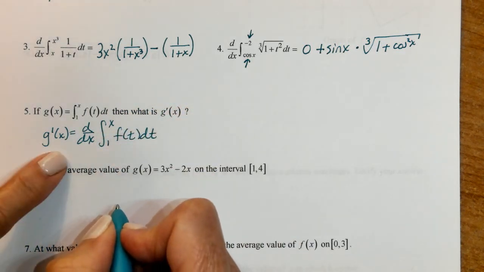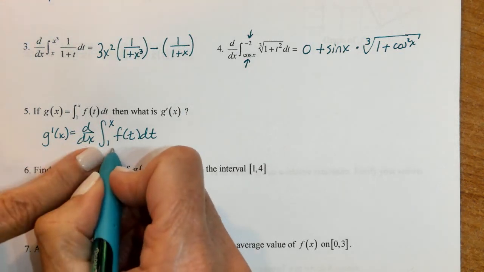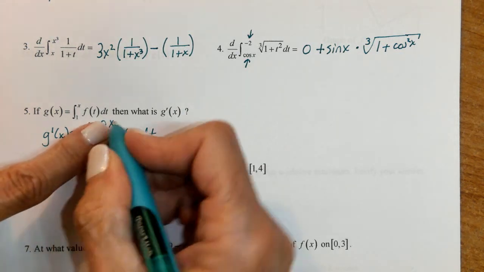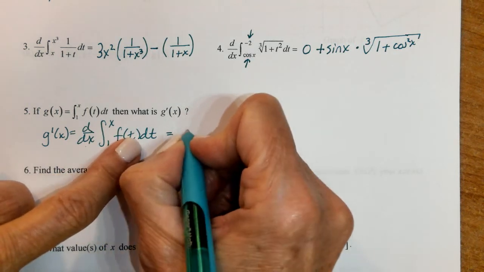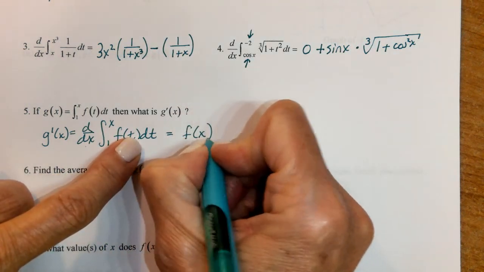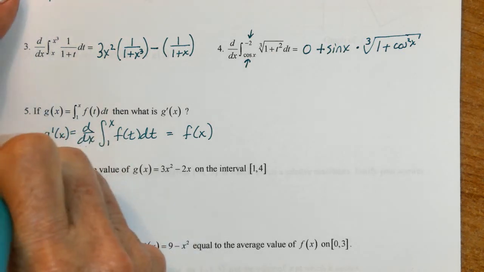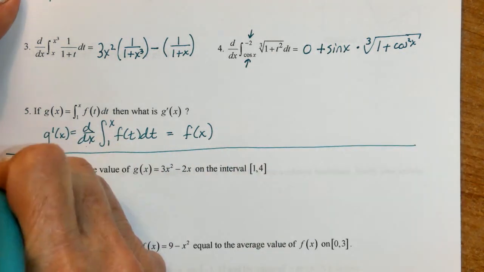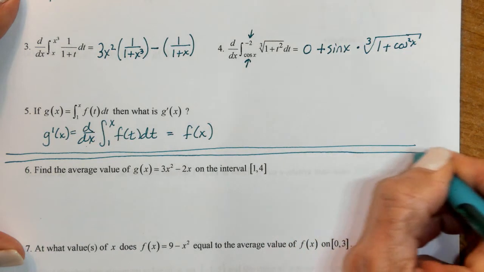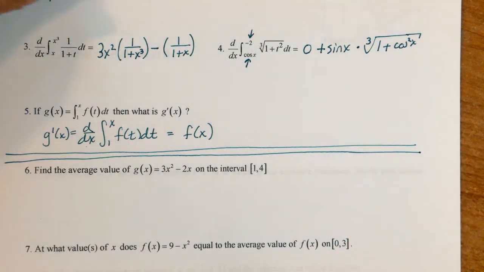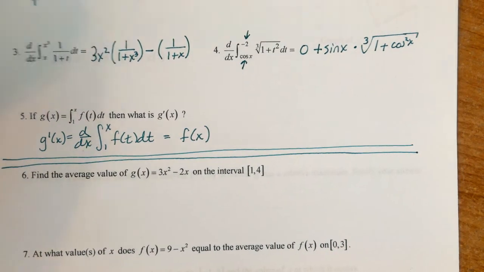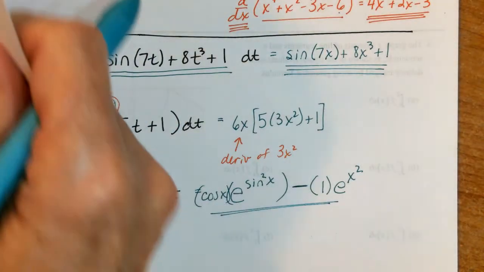Derivative of an integral, from 1 to x, we're just going to replace t with x. And we're done. We see that one quite often in FRQs. Okay? All right, let's go back to my little intro here.